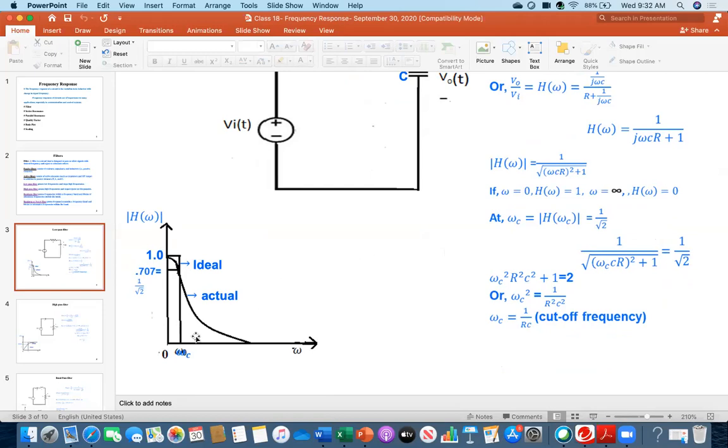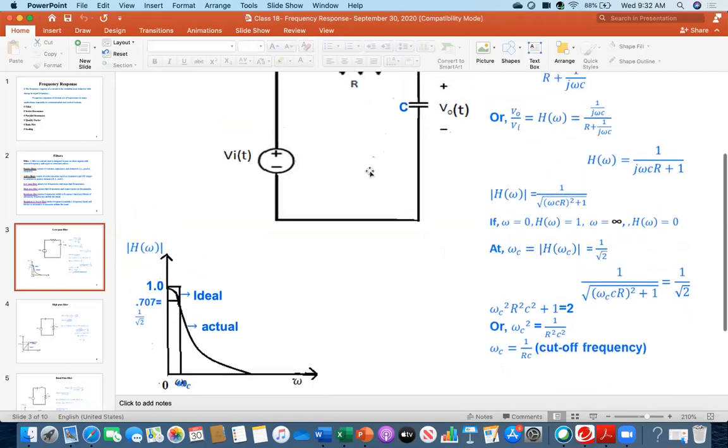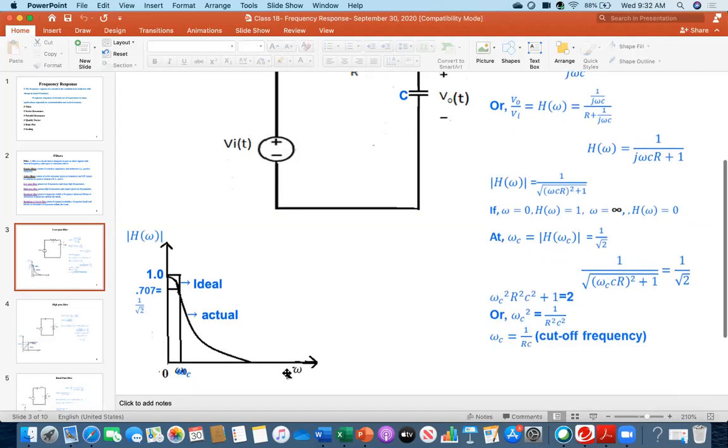At that time we will notice that at the cutoff frequency, the circuit power becomes half. That's why it is also called the half power point. We will discuss that later. For today, just remember that that point is called the cutoff frequency.